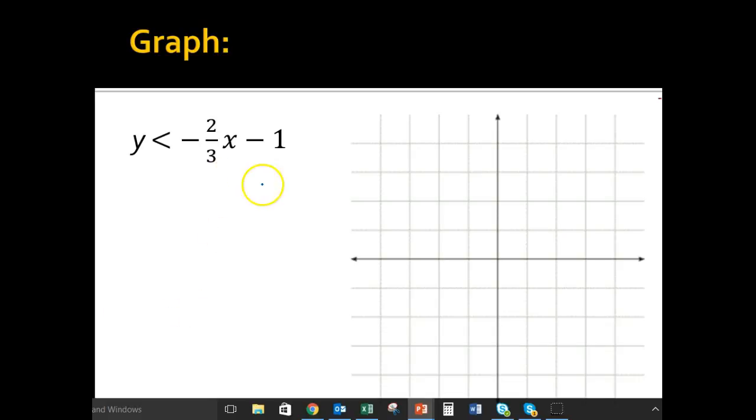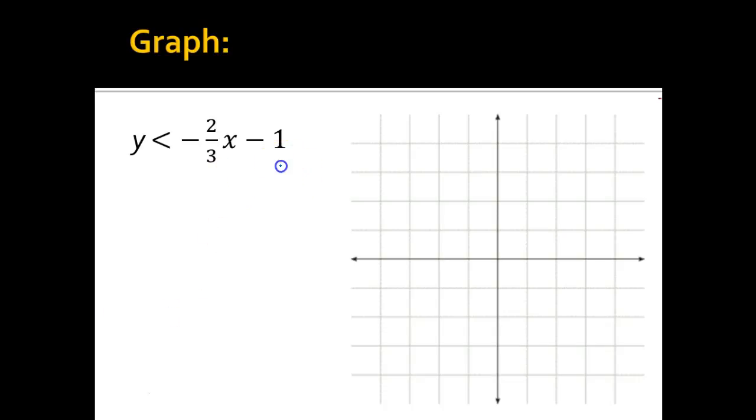Alright, so in this first one, remember that this is the y-intercept. That's that key point, and so we'll start with that. The y-intercept is -1. So I'm going to put a nice big healthy point right there at -1. Then we have the slope.